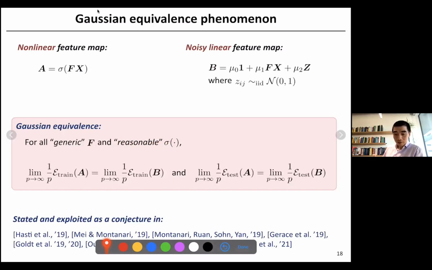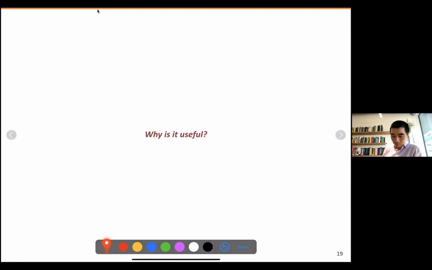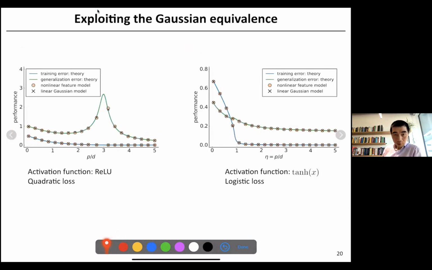They have also been exploited as something that you can use. Now, first, let me say why this phenomenon is potentially very useful if we can rigorously prove the equivalence. Why is it useful? Here, what I show are some simulation results. If you look at the figure on the left, the orange dots are, in this case, the training and the testing errors for the original nonlinear feature model.